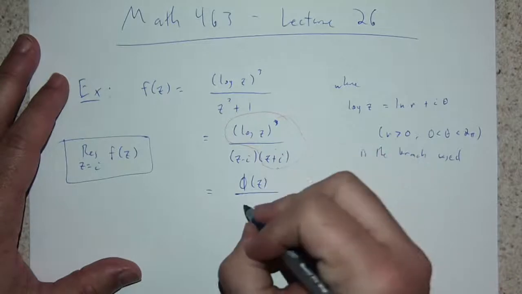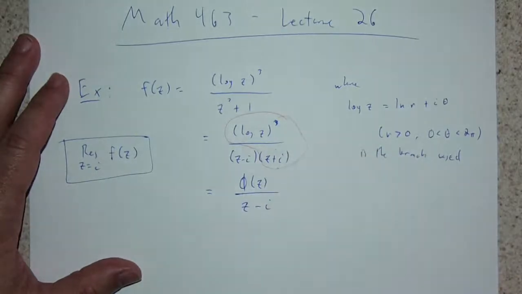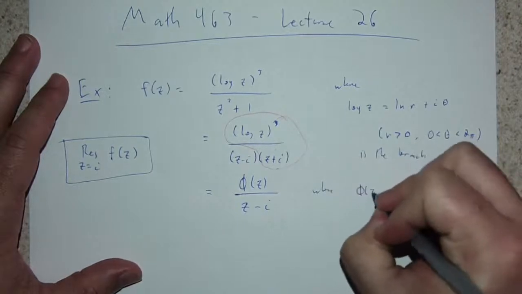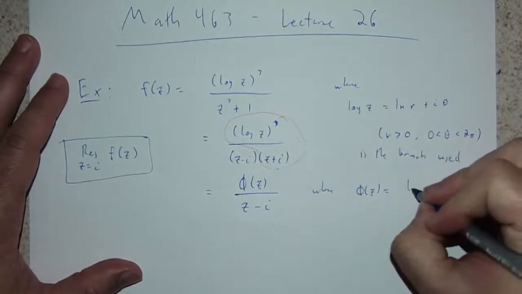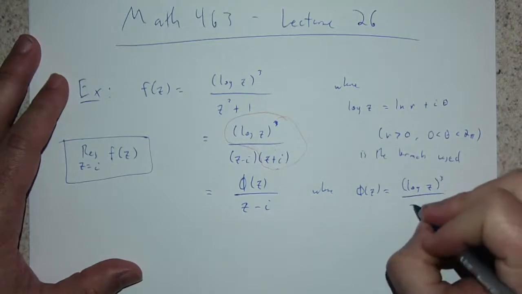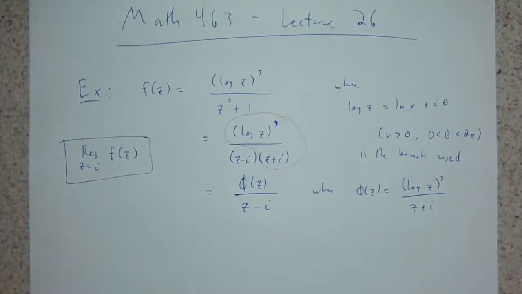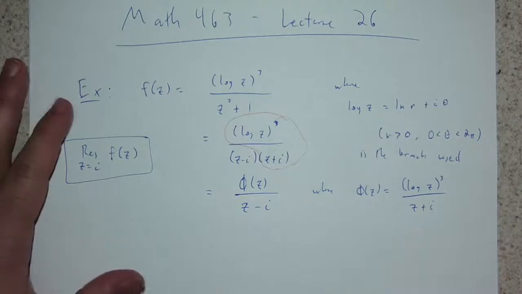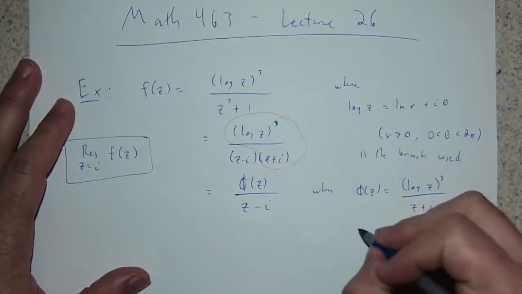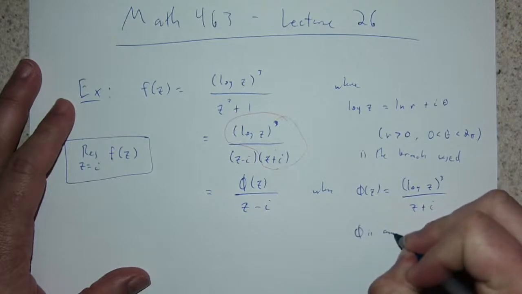So I can write this as phi of z over z minus i, where phi of z is equal to log z cubed over z plus i. So one thing we note is that phi is analytic at i.